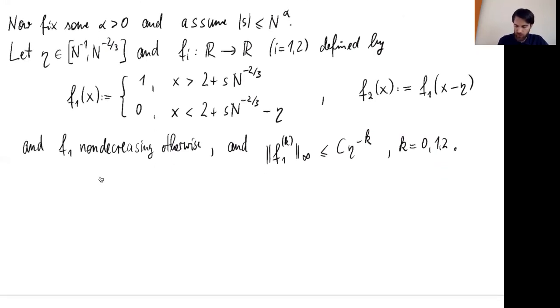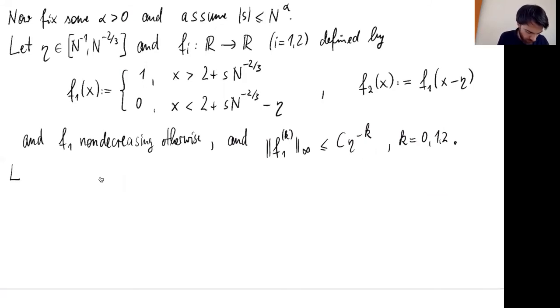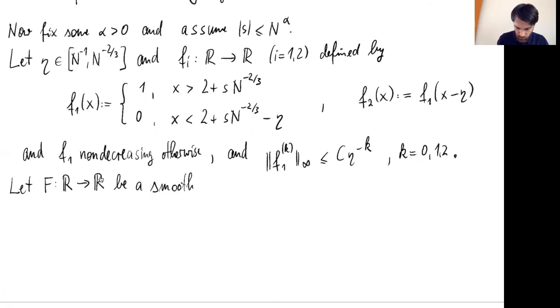And so that's one set of test functions, and then we need another set. I will give you the formula in a minute, and then you will see why these functions are helpful. And then we have another smooth, of course, maybe I should have marked it here.